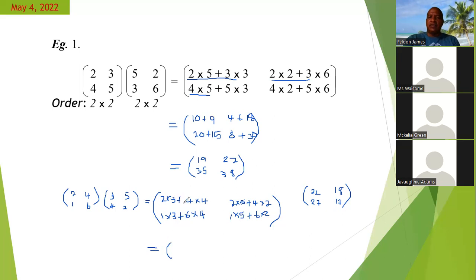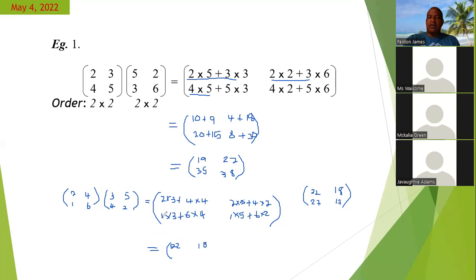So we have 2 times 3, 6, plus 16 will give you 22. Now we have 2 5s, 10, plus 8 will give you 18.